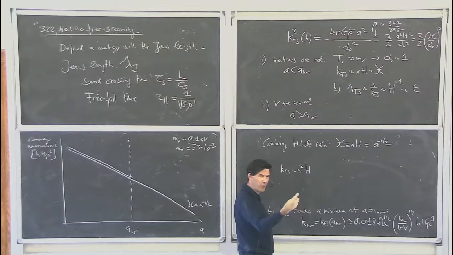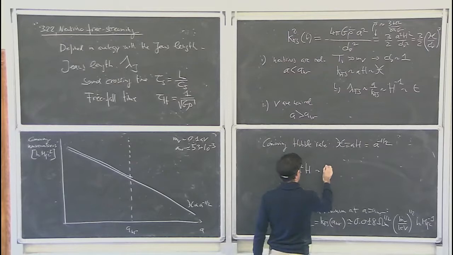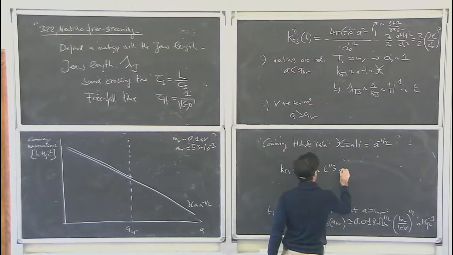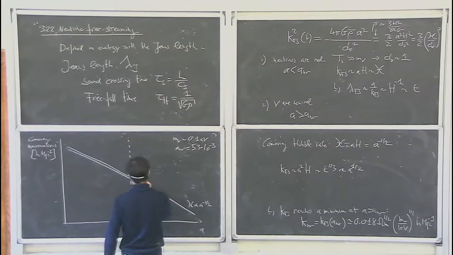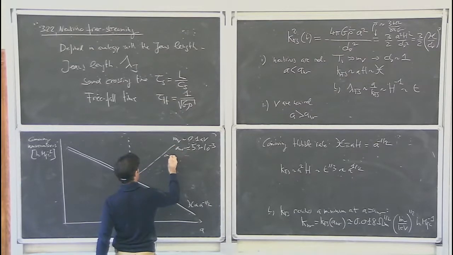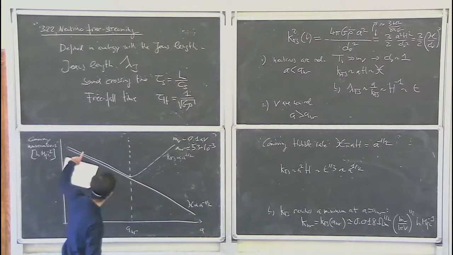It goes like t to the 1/3, so it goes like a to the square root, and not 1 over square root of a, okay? 4/3 and 1 over t. So it grows again. Okay, so here k_FS goes like a to the 1/2. Okay, well, okay, it does this.